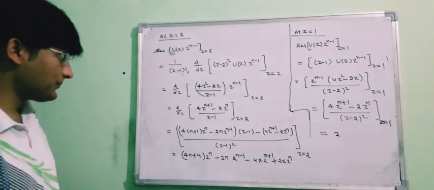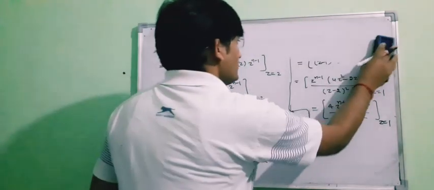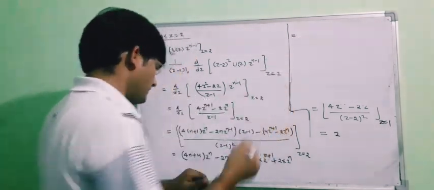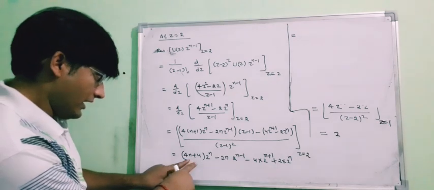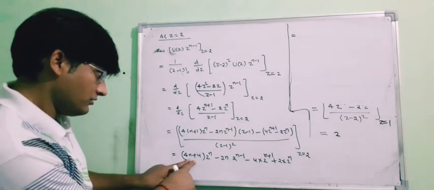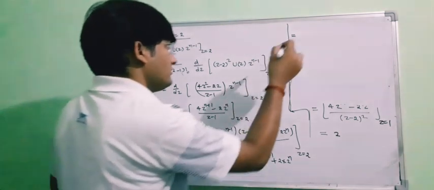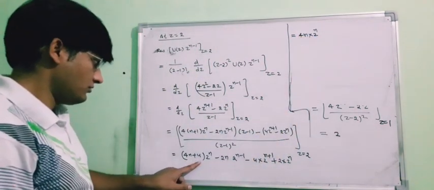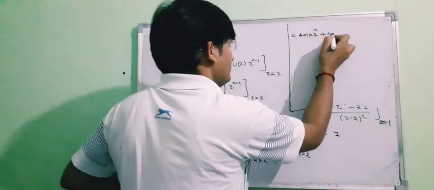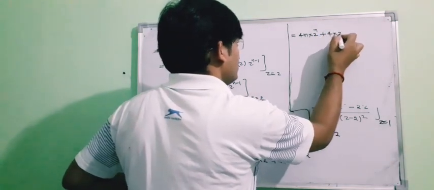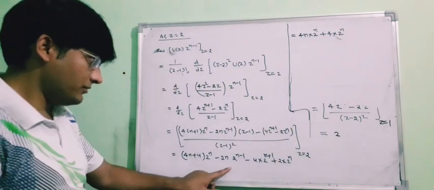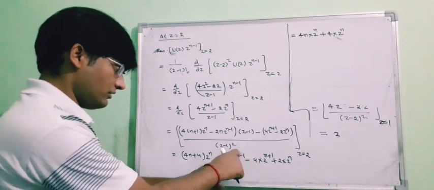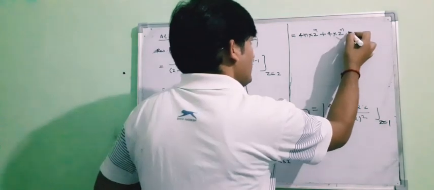So this is equal to 4n into 2 power n plus 4 into 2 power n. Here, this 2 can be taken in the power, so this will be minus n into 2 power n.